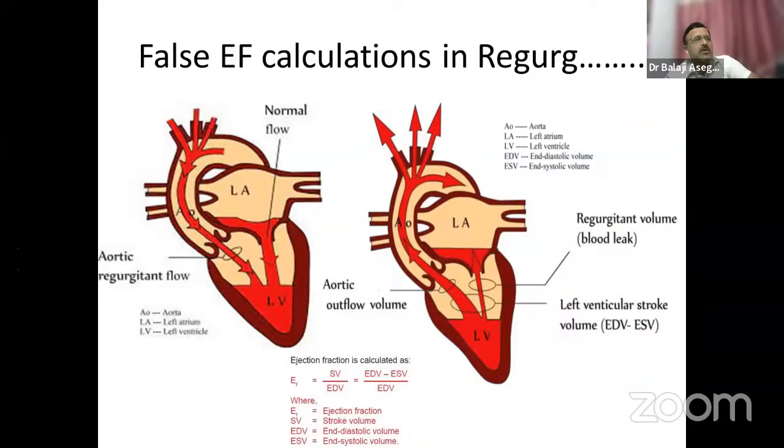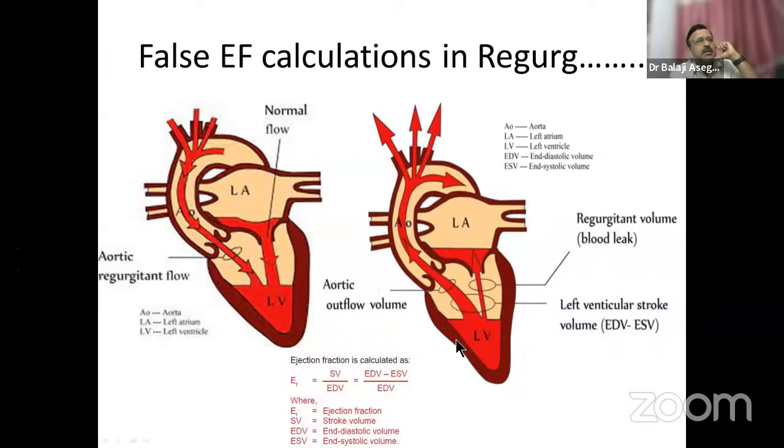Many times you see on an echo report that the ejection fraction is around 40% with moderate MR. This looks like a very simple report, but actually these are very dangerous patients. Why? Because in the presence of regurgitation, ejection fraction calculations are overestimated. Why is this happening? Ejection fraction is nothing but the end diastolic volume minus end systolic volume divided by end diastolic volume.